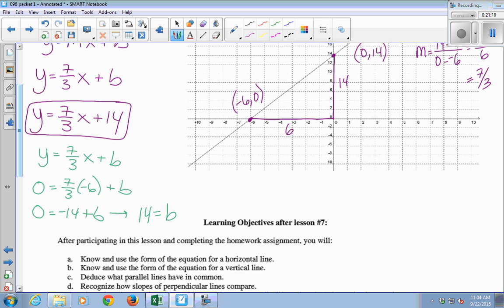We saw that the y-intercept was 14. So then we come back up to our equation, y equals 7/3 x plus 14. So you get the same answer either way. You can always go to that algebraic method if it wasn't given to you what the y-intercept is. Even if it is, the algebraic method will still work.